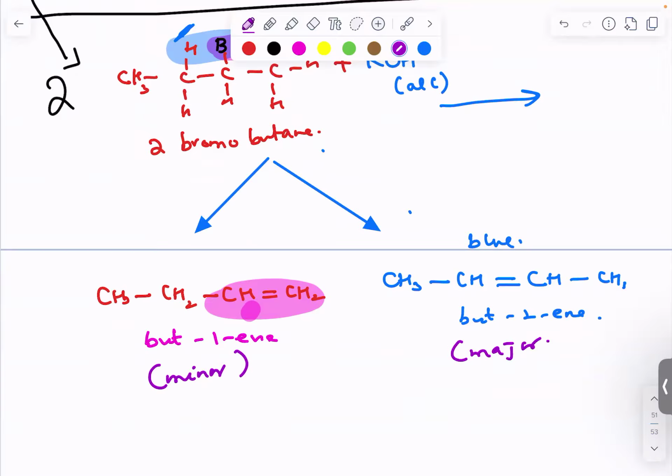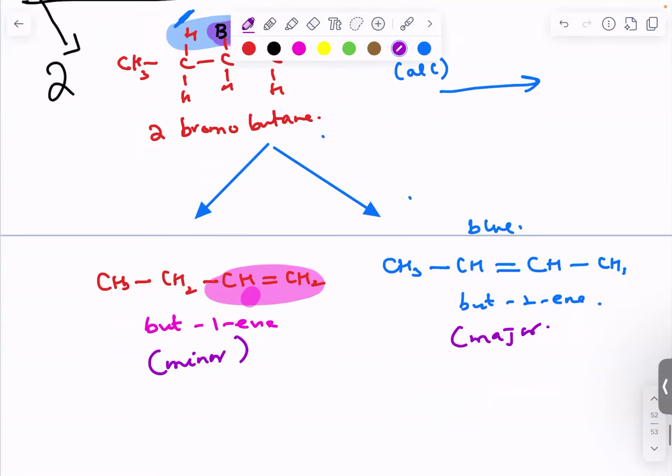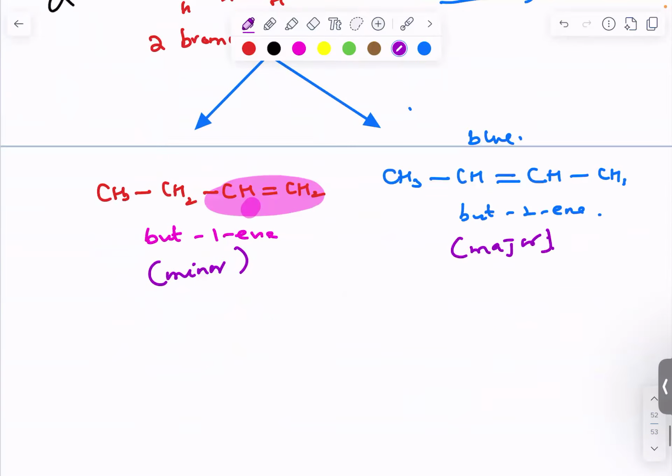This is because, beta, the major product is going to give isomeric alkenes. How come?